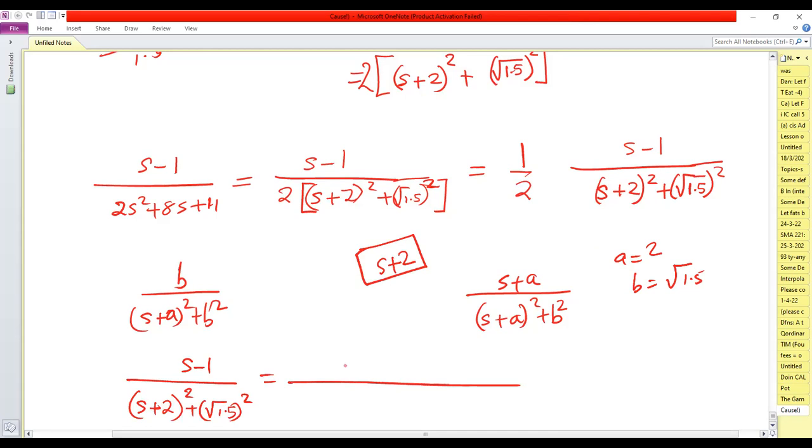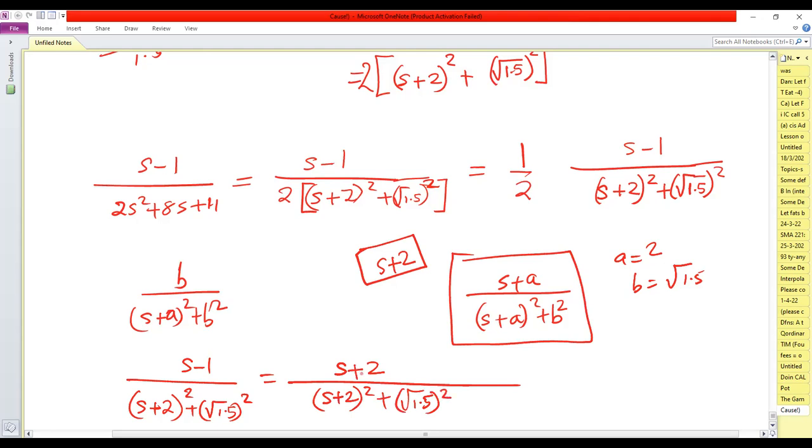I need s plus 2 so that I can use the standard transform for expressions of this kind, over (s plus 2) squared plus root 1.5 squared.